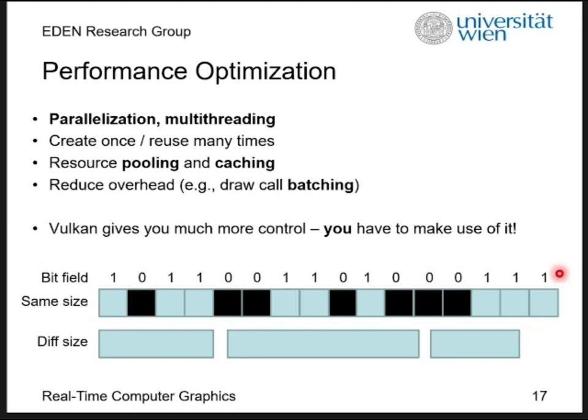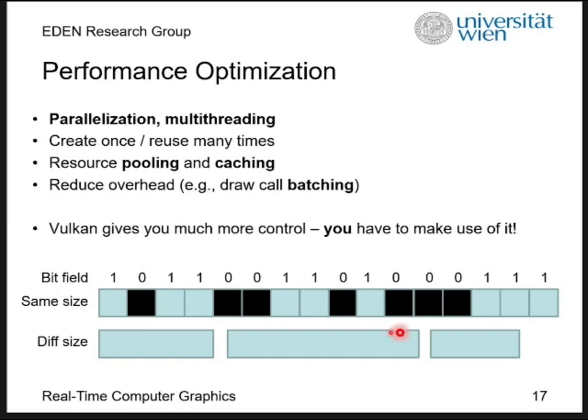So for instance, you just have a bit field, and if this slot is still available, then the bit is 0. If you allocate it, then the bit is switched to 1. And if you want to deallocate stuff, well, set the bit to 0 again. That's all you need to deallocate stuff if you make it intelligently.